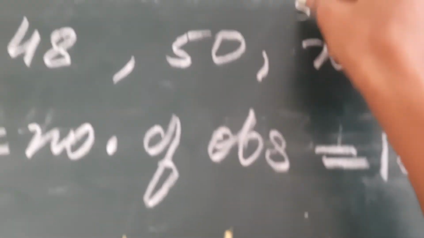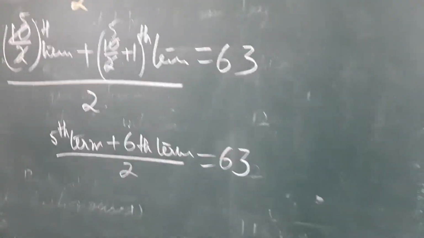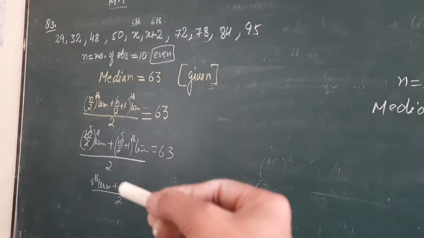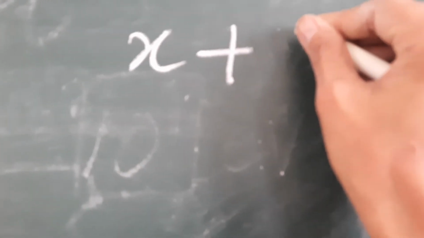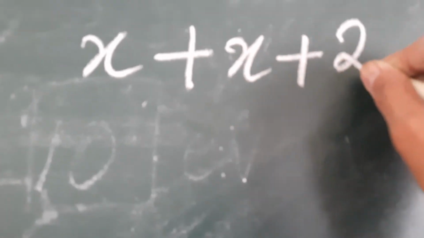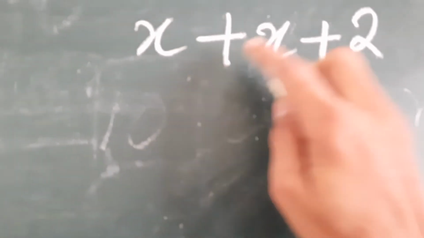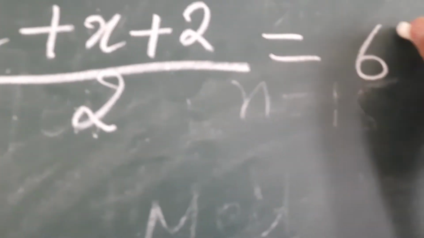So we'll put the values of the 5th and 6th term here: x plus, this is the fifth term, plus the sixth term, x plus 2. Beta, here there is a plus, that's why we are not putting the bracket, but if there was a minus here we would definitely. So divided by 2 is equal to 63, the median given to us.